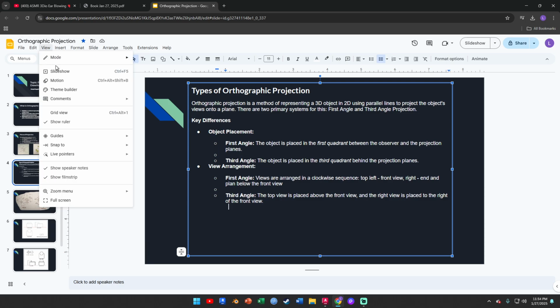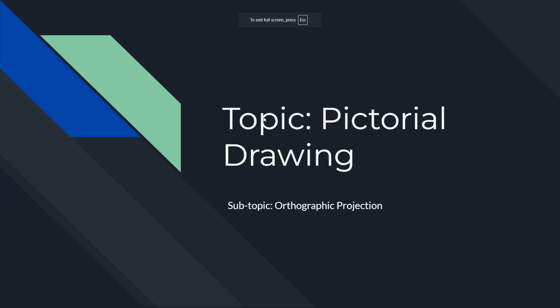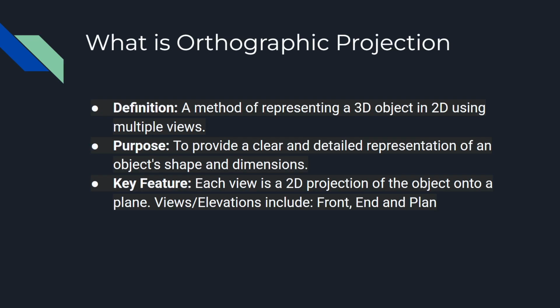Alright, so we're looking at another type of pictorial drawing, and this time we're looking at orthographic projection, right? So the last time we looked at oblique projection, and we already looked at isometric projection. So what is orthographic projection?